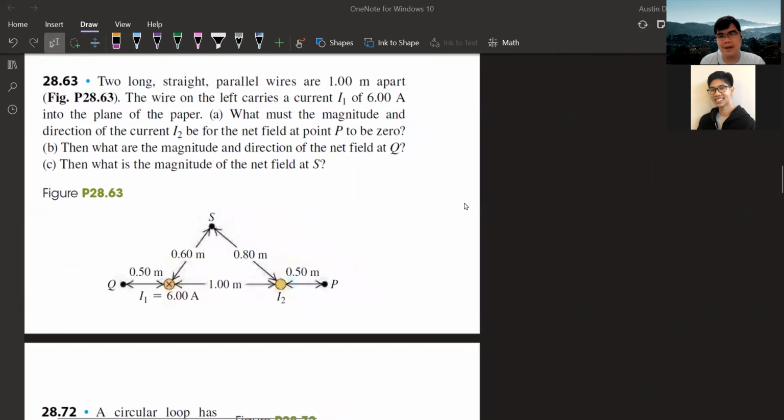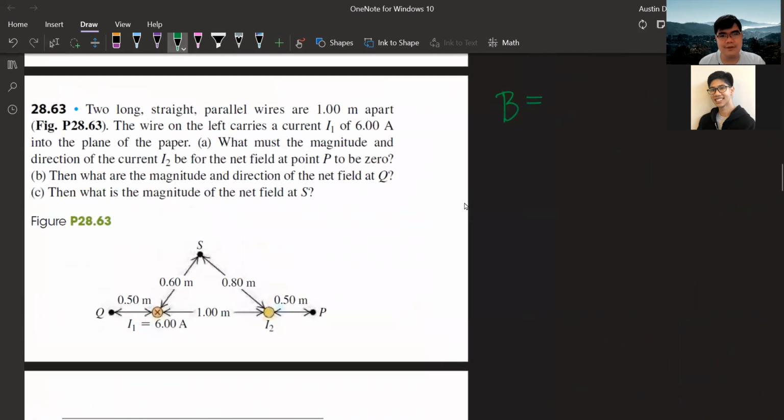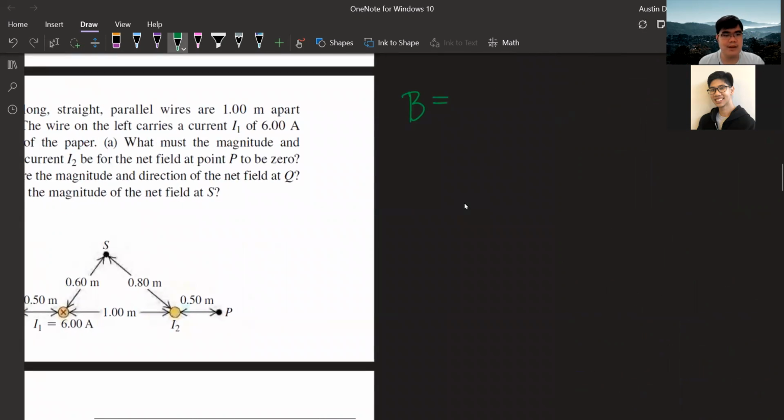Sa problem na to, kailangan natin ng ganitong formula. Formula ng magnetic field due to a straight wire, which is mu naught I over 2 pi R. Okay? So, ito ay gamit lang yung Ampere's law. Ampere's law. Okay?